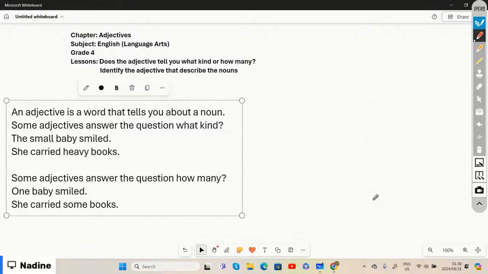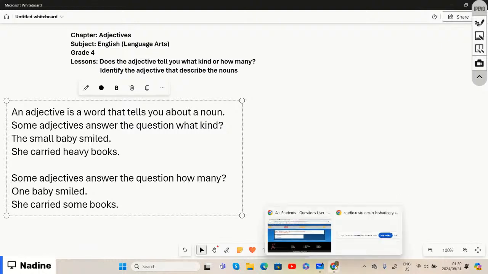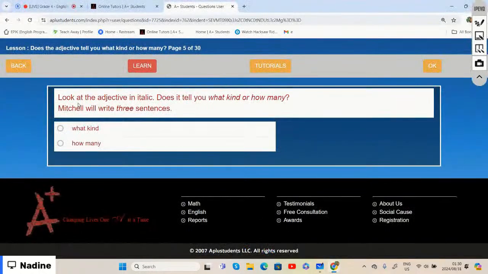All right, so let's go. We're going back now to the exercise. Here it says look at the adjective in italics. There's the word in italics. We need to say, does it tell us what kind or how many? Michelle will write 3 sentences.